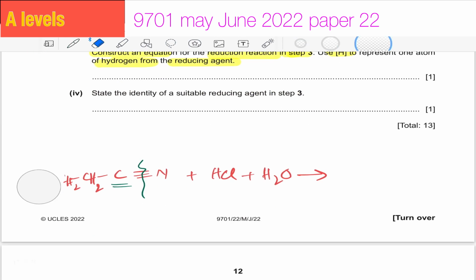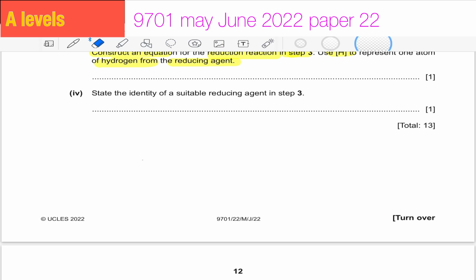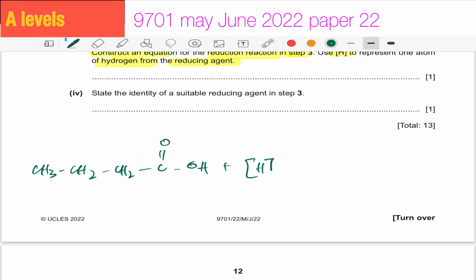First, let's erase this thing. Now, so we have a carboxylic acid, CH3, CH2, CH2, C double bond O, OH, and we react it with some reducing agent, which we will show through this atomic hydrogen, right? And in this reduction reaction, what would happen?